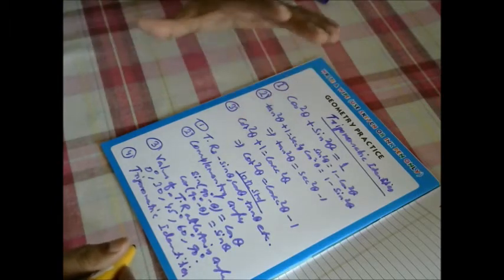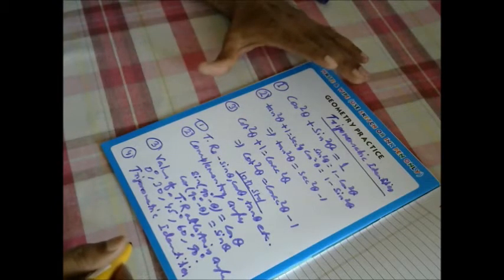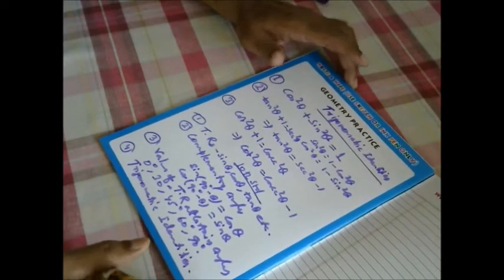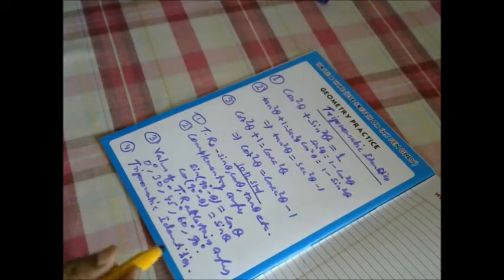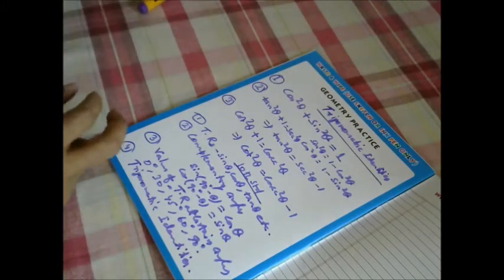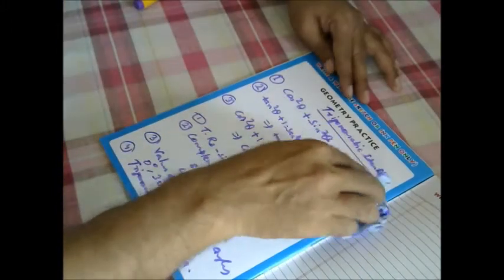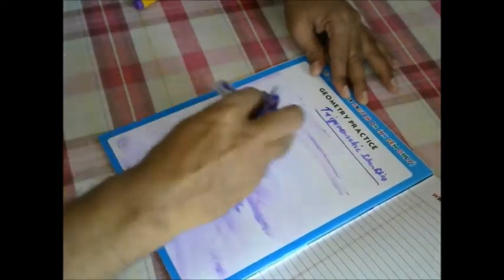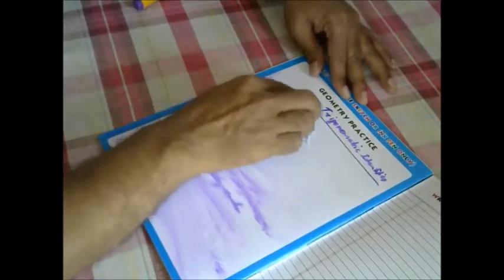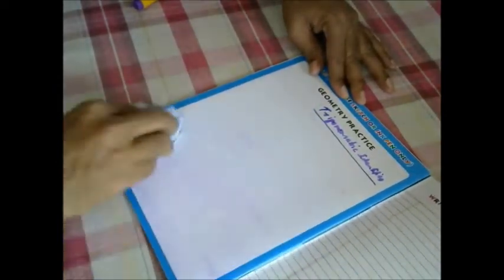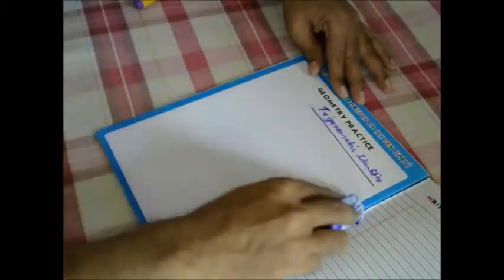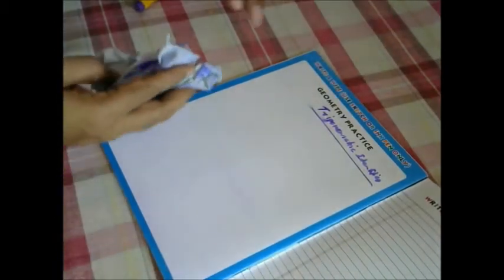So these four concepts are there for 10th standard, which we have already covered today. If you want, for one trigonometric identity, I will show you the proof also.